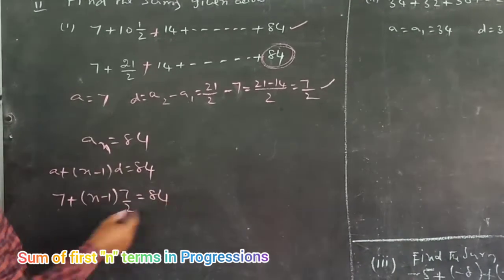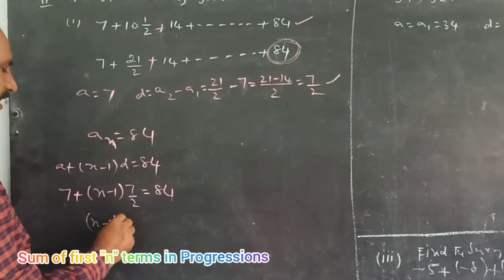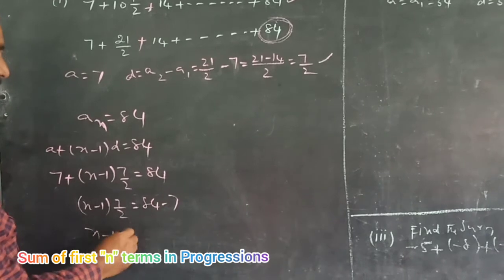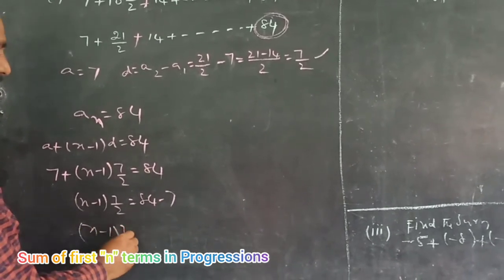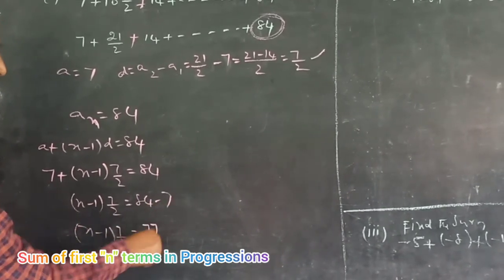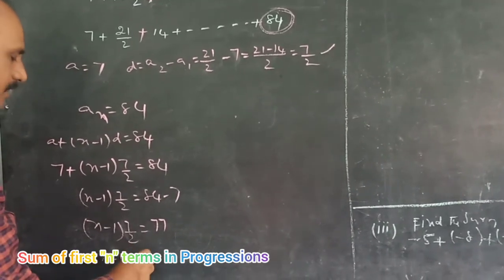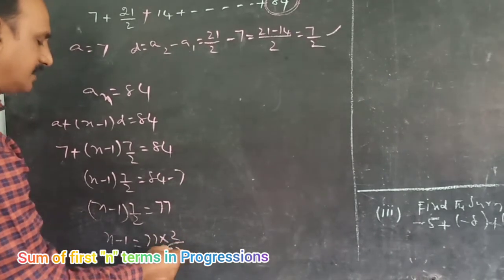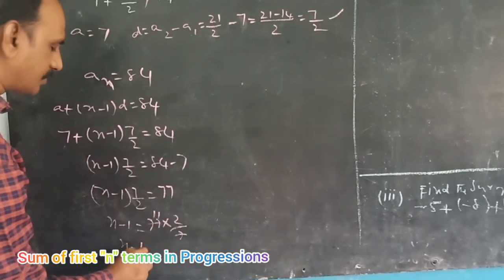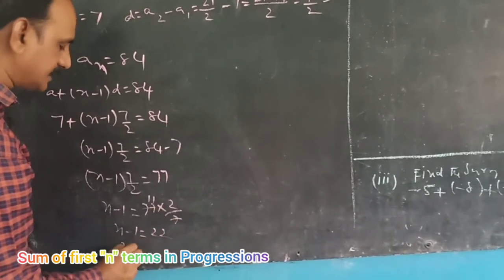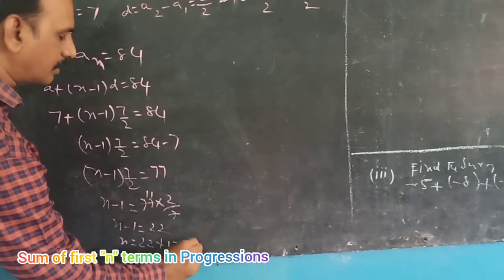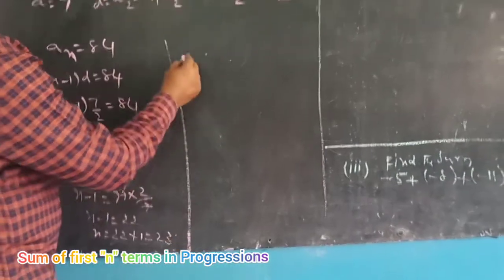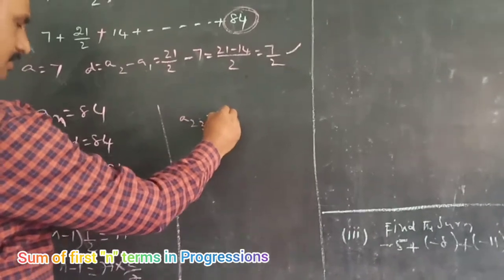First, 7 changes to the other side. (n minus 1) into 7 by 2 equals 84 minus 7, equals 77. n minus 1 equals 77 into 2 by 7. 7 elevens are 77, so n minus 1 equals 11 into 2, which is 22. n equals 22 plus 1 equals 23. So 84 is which term? The 23rd term. So a23 equals 84.